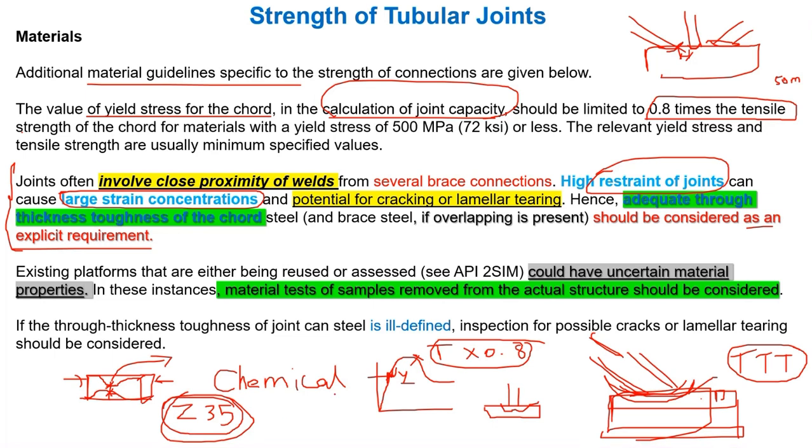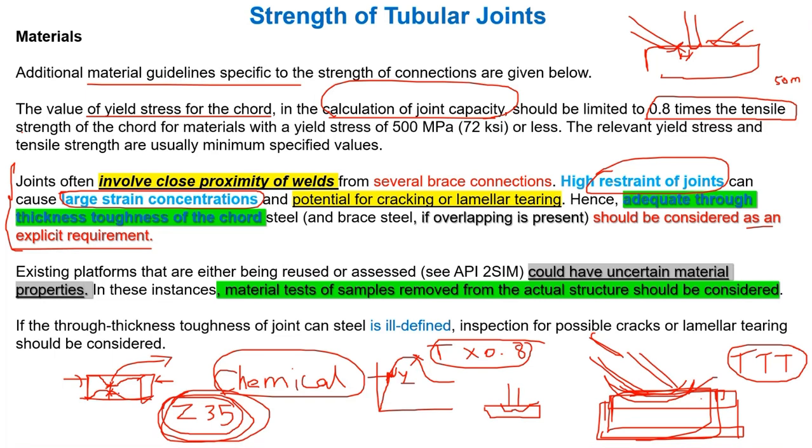Okay, so we need to define, when we buy the material, that this material should have TTT properties. Then automatically the producer, whoever is producing the material for this kind of can members, knows that the chemical composition has to be adjusted so that they can achieve this ductility property of the material. It should not break like a brittle material. It should have some ductility, and that ductility should also be Z35.